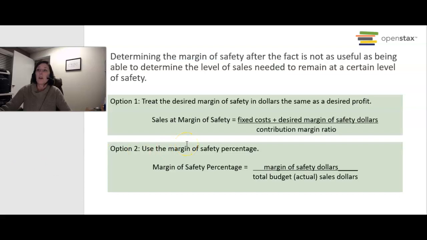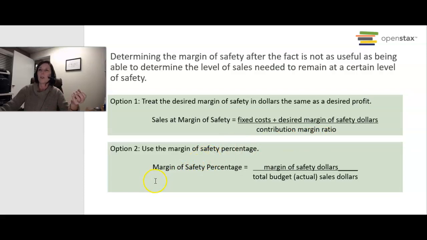Now we can also look at this in terms of a desired margin of safety. And this looks a whole lot like the desired profit, because what really is our margin of safety? That's really our profit, the amount over our break-even point. So when we're looking at sales at margin of safety, it's our fixed costs plus desired margin of safety dollars, otherwise known as desired profit, divided by the contribution margin ratio.